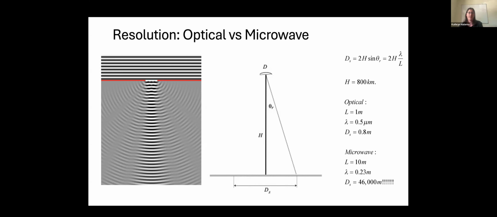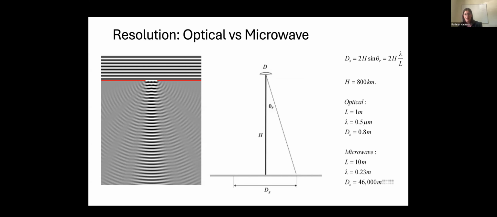However, if we try this same calculation in the microwave band, and let's say for the sake of argument that we have a much larger antenna, like a 10 meter antenna, but we're in the microwave band with a 0.23 meter, or 23 centimeter, wavelength, this calculation gives us that the ground resolution of our sensor is 46,000 meters.